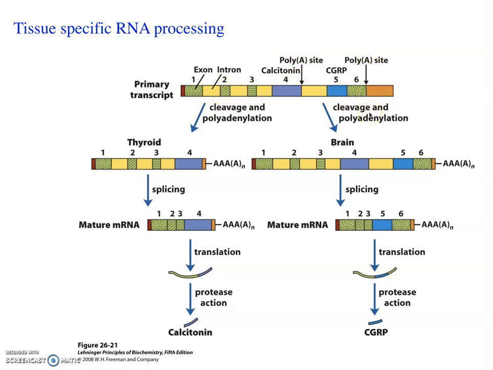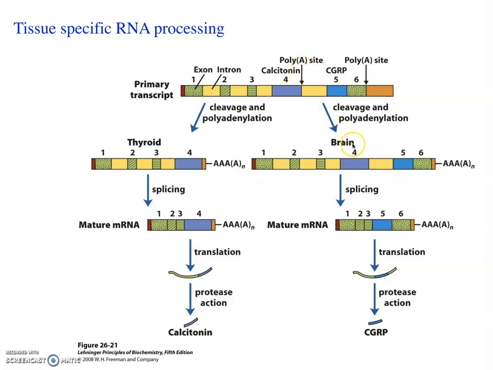This gene gets polyadenylated differently in different tissues. In the thyroid, we have this polyadenylation. In other words, exons 5 and 6 are excluded because the cell machinery recognizes the first poly A site.